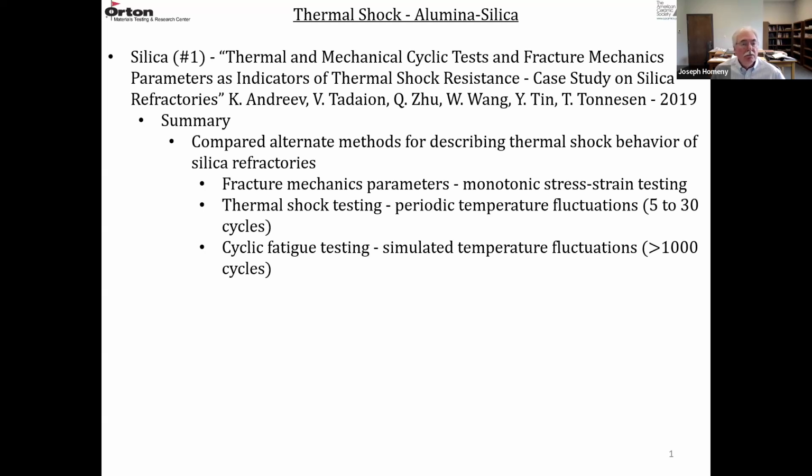For this lecture and the next lecture, I picked out 8 papers on alumina silica refractories. I have 1 paper on silica, which is what we'll do first, and then there are 7 on alumina silica type refractories and what's been done to study their thermal shock behavior.